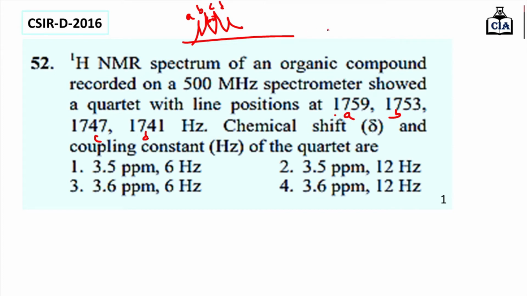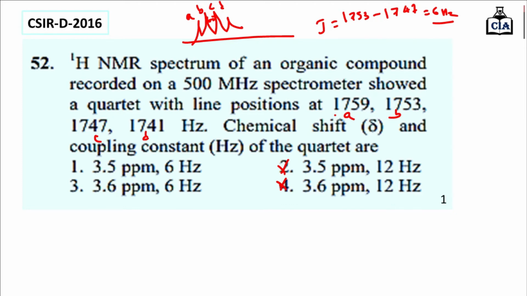So if you take this J value equal to 1753 minus 1747, which is equal to 6 hertz. So our J value is 6 hertz. So options 2 and 4th are incorrect because they have a J value of 12 hertz. So option first or third may be correct.